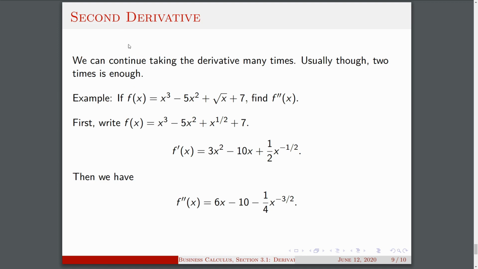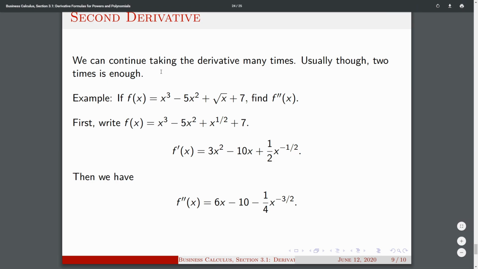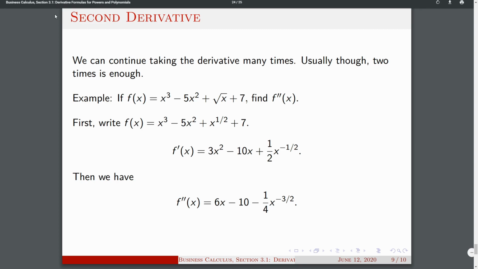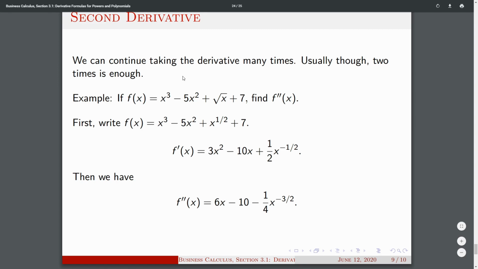Of course there's a third derivative, fourth derivative, and so forth, but at some point it becomes kind of a reach to talk about the 20th derivative or something like that. So normally we just stop at the second derivative because we can grasp what that means a little easier. So let's say we have this function here and we want to find the second derivative.